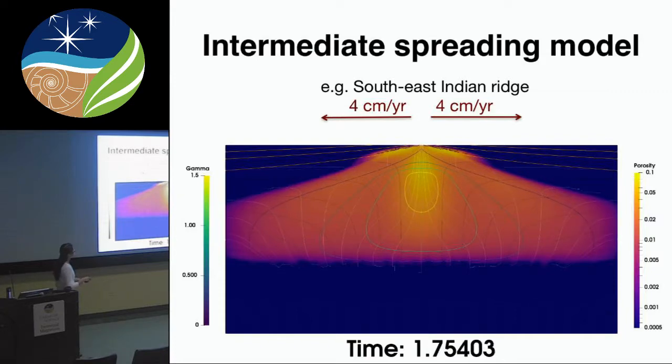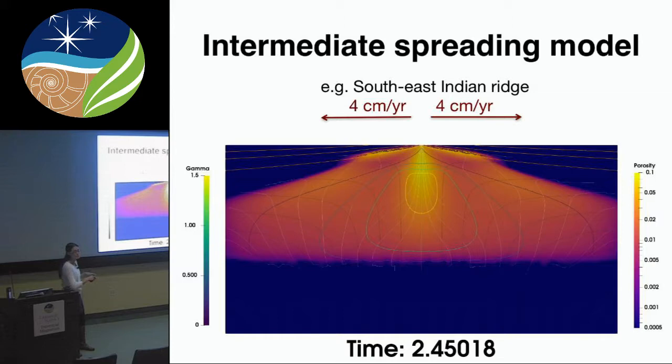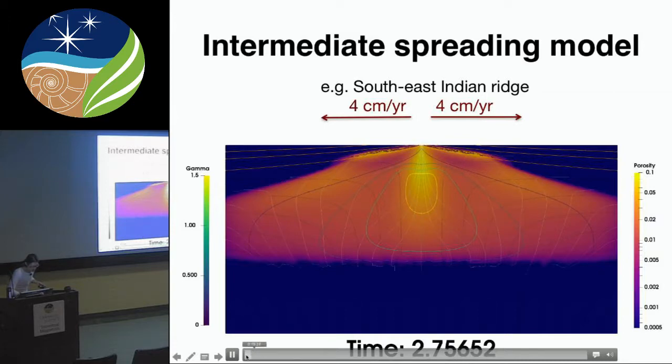So you can see where this porosity is. This is about 60 kilometers deep, where the mantle upwelling hits the dry solidus and starts melting. And so porosity here is about, what, 10%. And this is going through a transient that's a little bit slow here, so I'm going to speed it up a little bit.